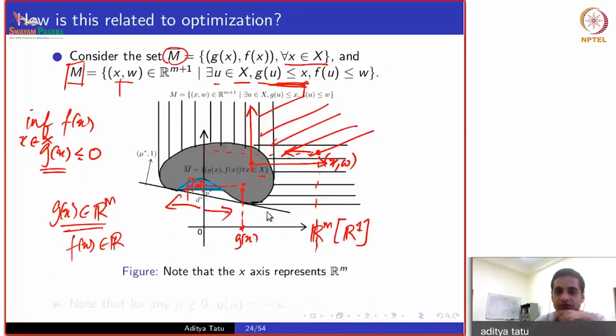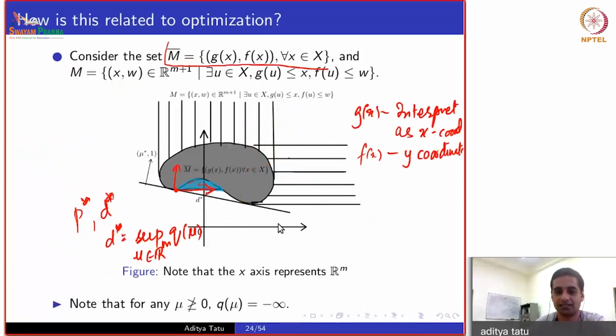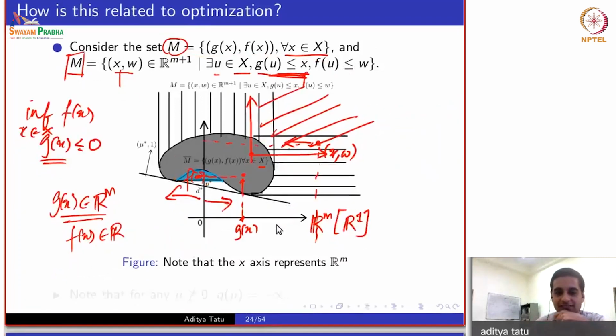Now, when I choose this particular set M bar, what happens if mu is not positive? Anyone? What happens if mu is not positive?